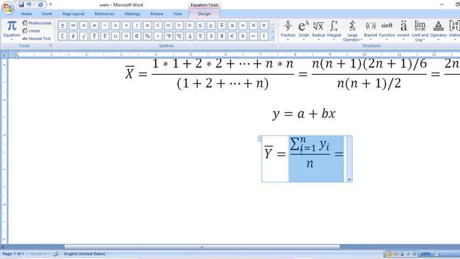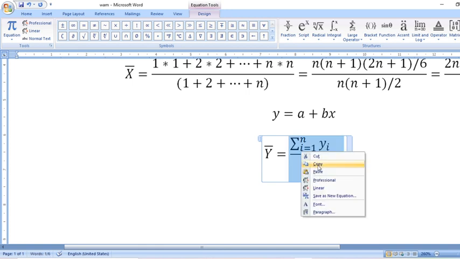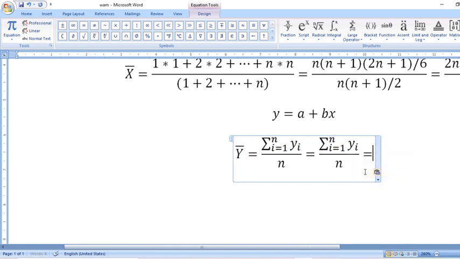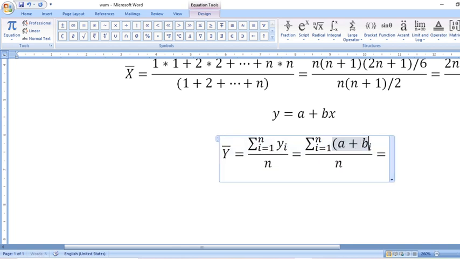We can substitute here: instead of yi we can take a plus b xi.